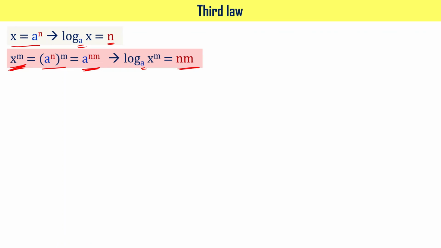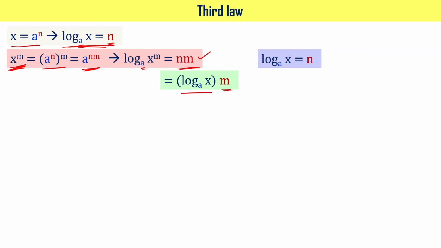We know the value of n, right? Let's substitute that into this particular equation. When you do that, it becomes log of x to the base a times m, right? Now let me write the third law. Third law is going to be log of x power m to the base a equal to m times log of x to the base a. Look at this.